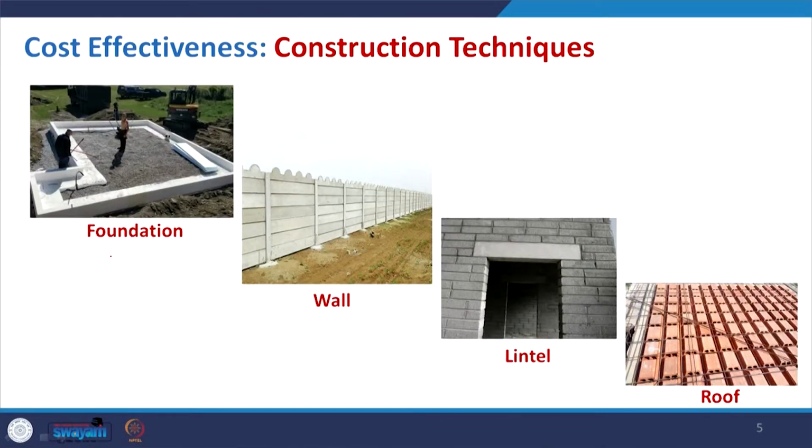But in this presentation I will try to focus on small scale buildings, not skyscrapers. In the construction technique, as you see in this slide, we can divide our structure into 4 components: foundation, wall, lintel, roof. You can also consider the plinth and other components, but these are the major components.